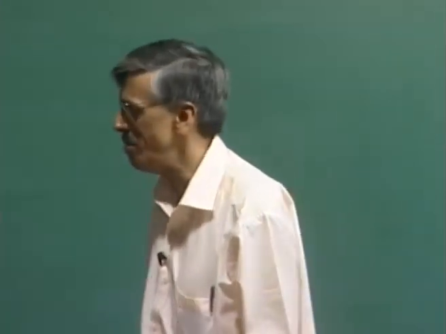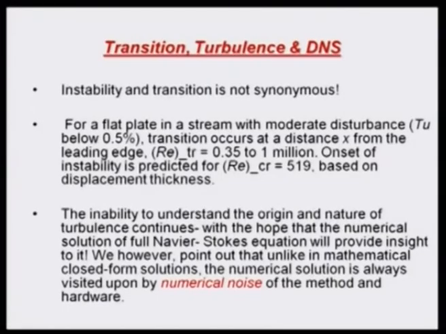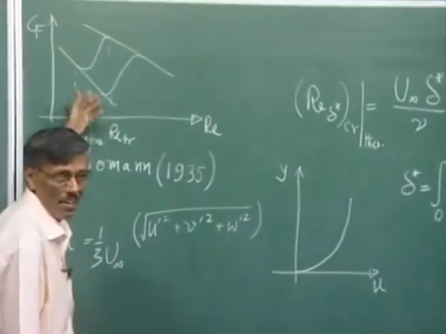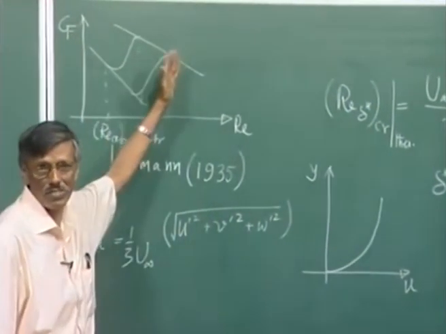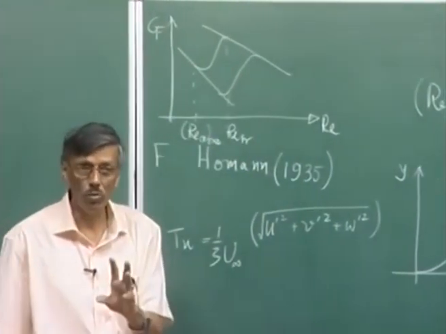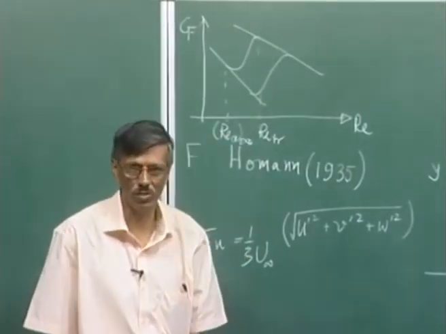This is a matter of hope, you know. However, we should point out that unlike a mathematical closed form solution, numerical solution is always contaminated by noise. So, the variability of the transition point and the criticality depending on disturbance may also affect your Navier-Stokes solution, right.